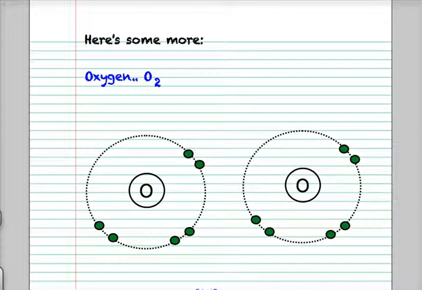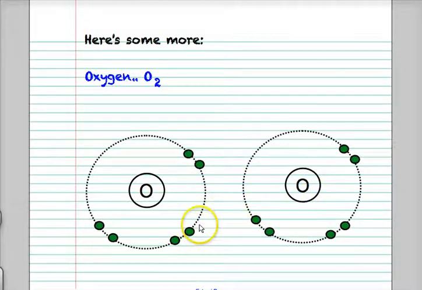Let's take a look at some more. So here's oxygen. Now oxygen, pure oxygen gas in the air we breathe, is O2. Pure oxygen is never found by itself. It always teams up with another oxygen atom to form what we might call a diatomic molecule. So it has two atoms of oxygen.